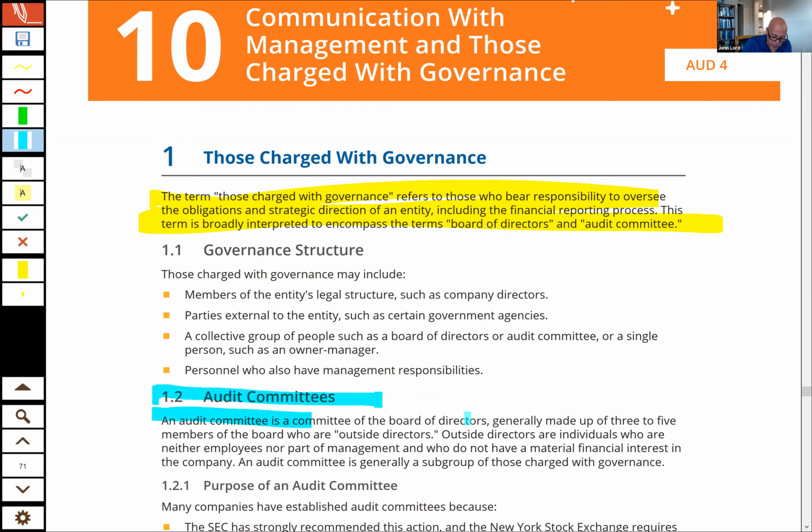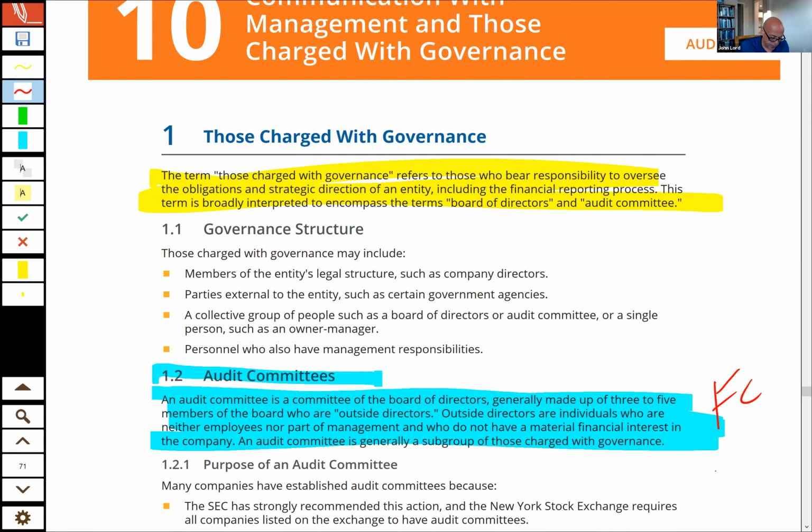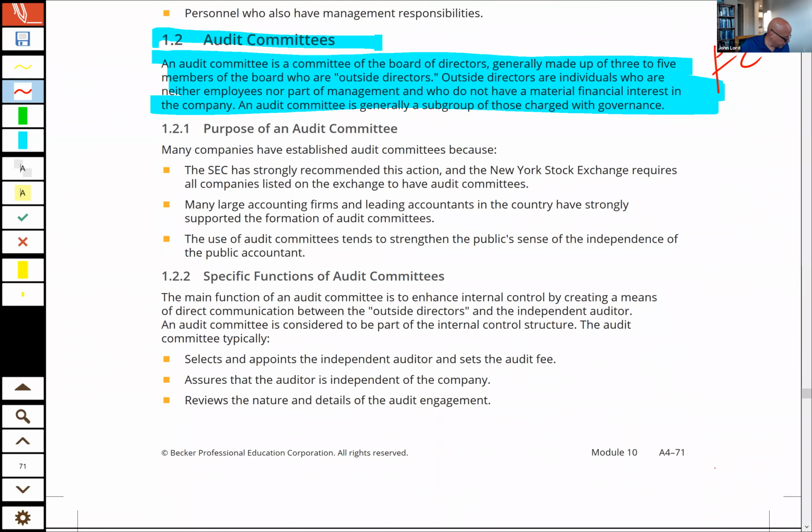Now it is important that we realize that the audit committee is part of the board of directors, and they are the ones that are responsible for overseeing the audit. Now you come over to the specific functions of audit committees. And again, they select the auditor, they determine the audit fee.